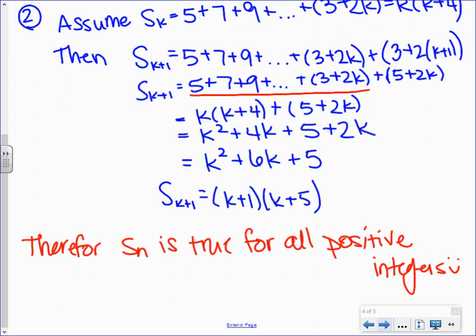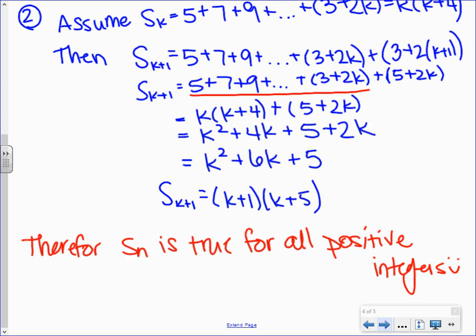I want to make sure that you're doing the process correctly. Now, make sure that the k plus 1 sum looks consistent to the k sum. If there's a fraction in the k sum, there better be fraction in the k plus 1 sum. Okay? It needs to look the same just with the k plus 1 plugged in.